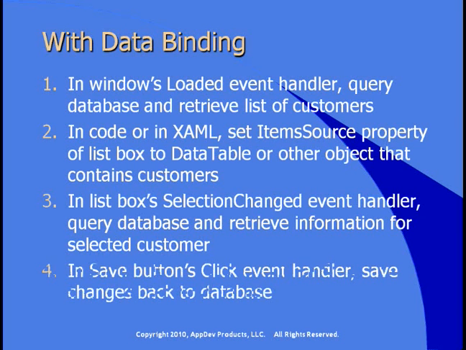And then when it comes time to save the changes, you just send the changes back to the database, because the elements on the window and the data table or object that contains the customers are in sync. You still have to do your data code, but you don't have to write any code to get information out of the data source into elements on the window and back again. So you save yourself a huge amount of work.